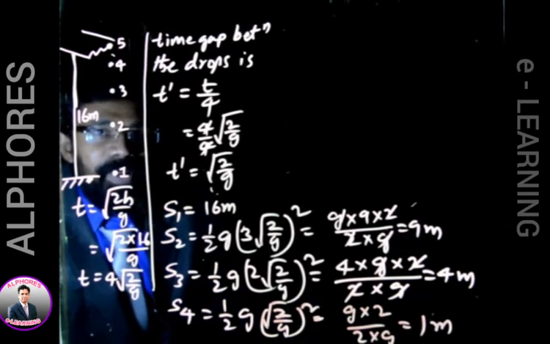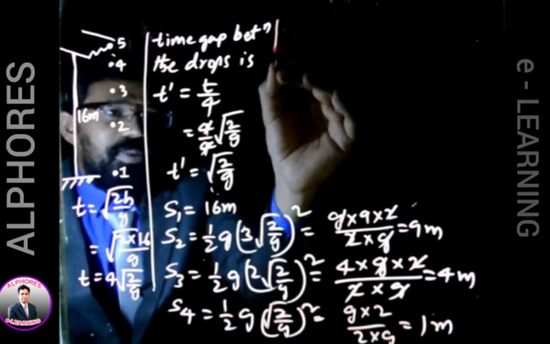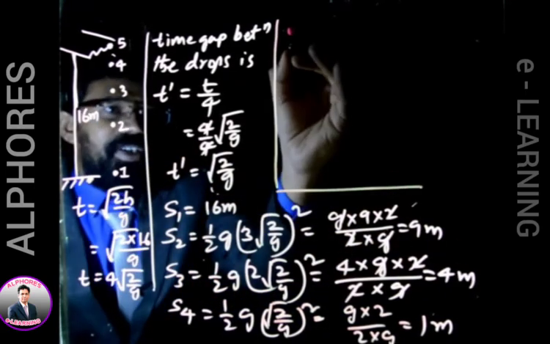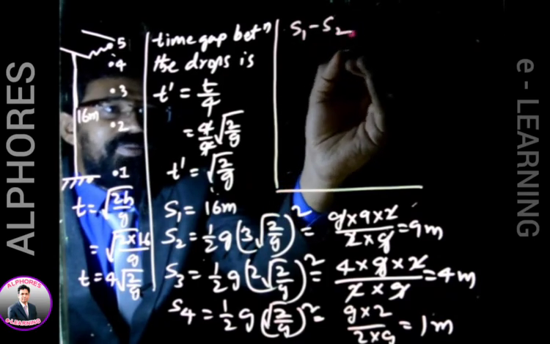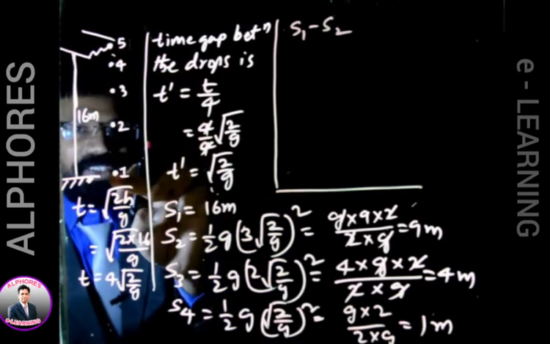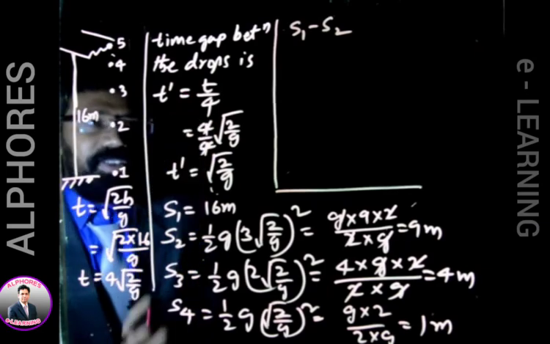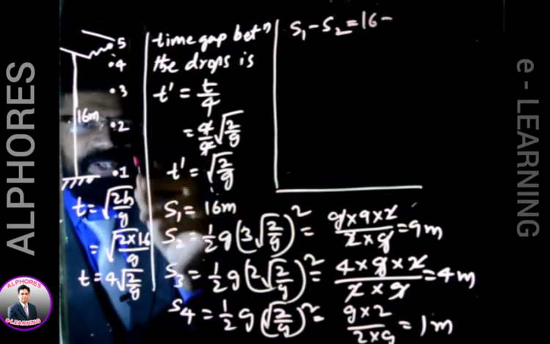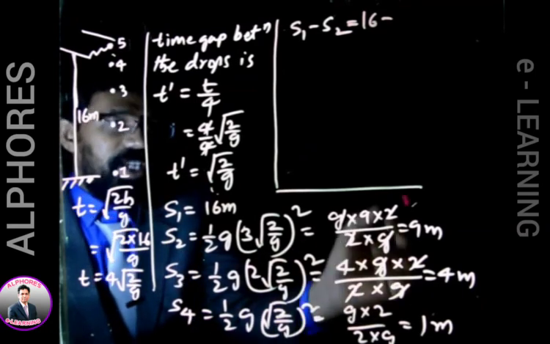Now can't we find the consecutive distances of separation? Distance of separation between the second drop and the first drop, how much is that? S1 minus S2. This entire distance minus this distance, isn't it? S1 is 16 meters, minus S2, which is 9 meters.